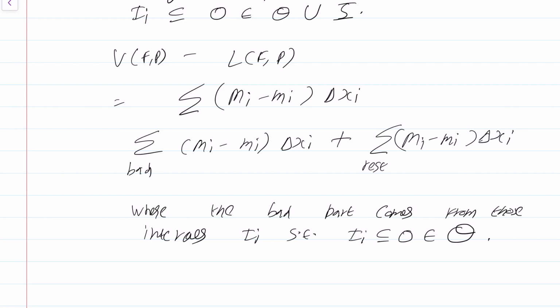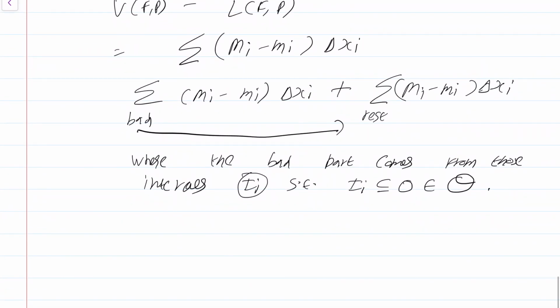Now it might happen that some of these intervals I_i are a subset of both an element of fancy O as well as an element of fancy I. In that case, just make a choice arbitrarily. It really doesn't matter how. Just make sure that each interval appears only once when you're doing the split up. Some intervals might belong to both because of redundancies, and in those cases, just deal with it arbitrarily.